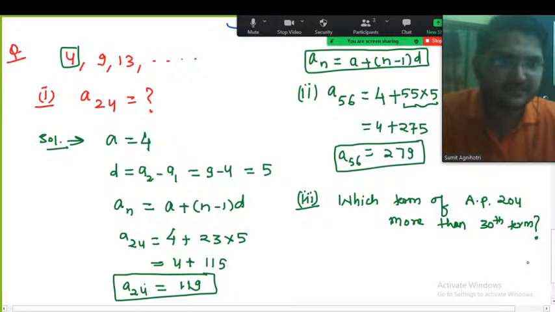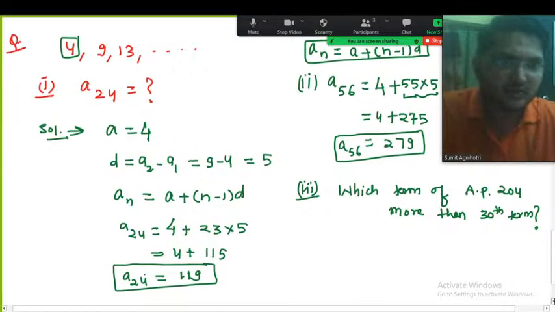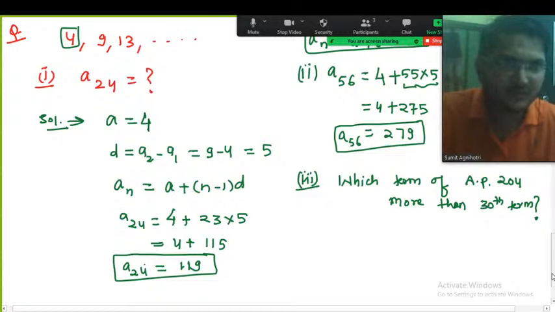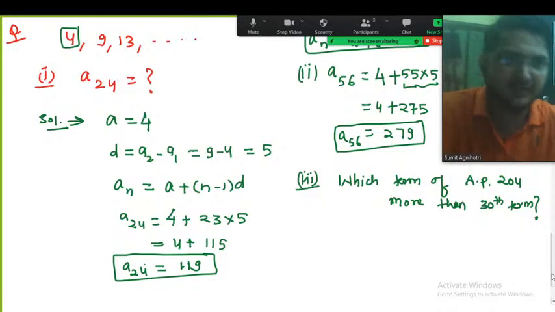Can you answer this? Try to figure it out. Try to understand the logic first, and then tell me whether you are in a position to solve this or not.